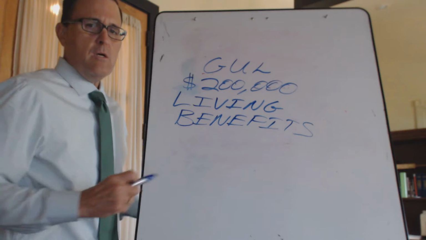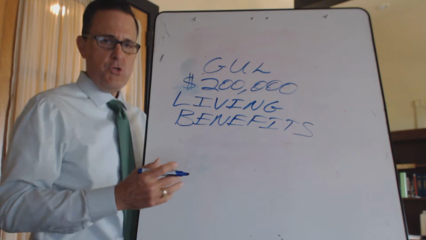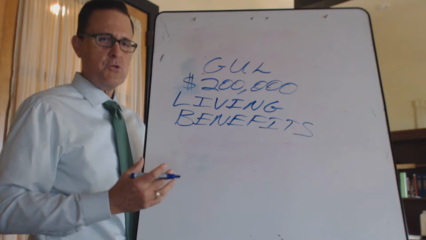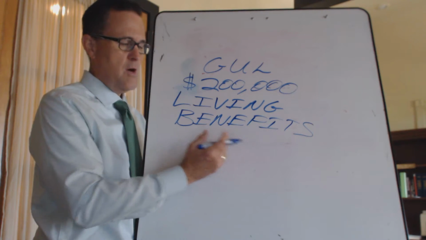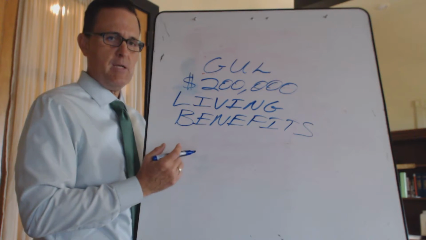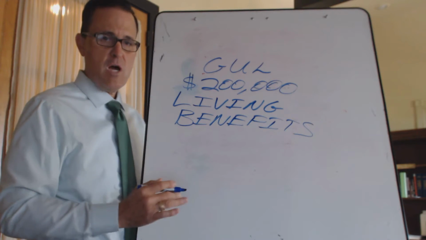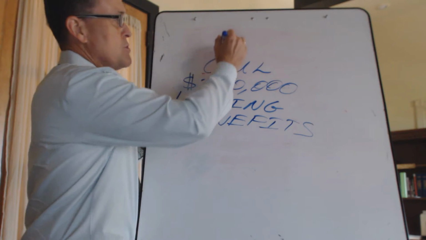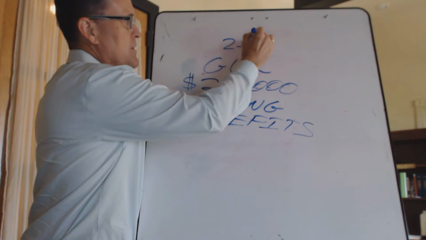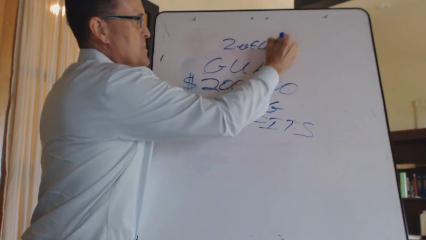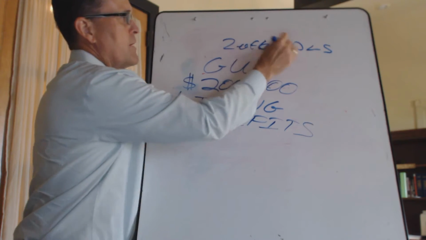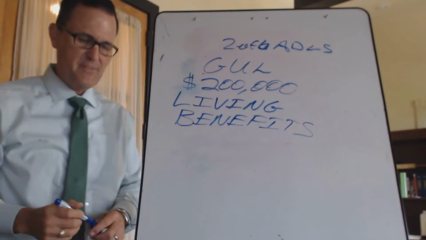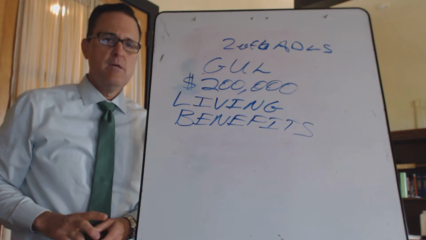Well, to qualify to utilize the proceeds from a long-term care policy, or the long-term care benefit within this policy, you have to have lost 2 of 6 ADLs. Okay, well, what is an ADL? That's an activity of daily living.